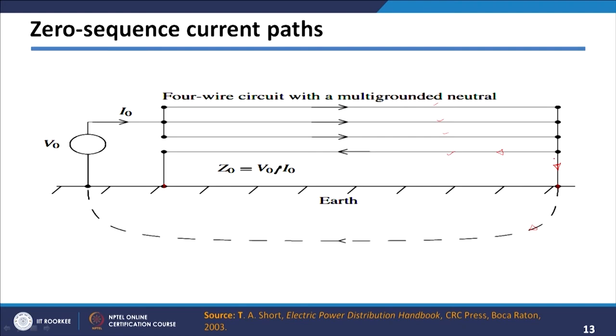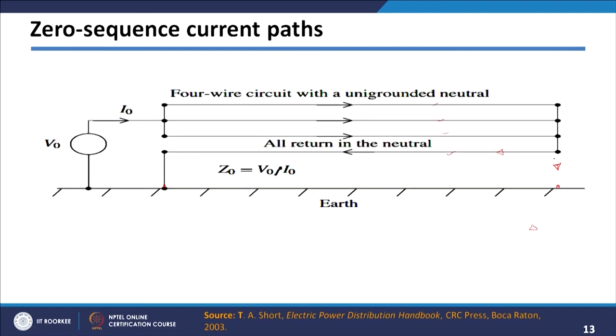In another case, there is a possibility that multiple grounding is not there, only single grounding is there. So, in that case, the whole unbalanced current will actually flow only through the neutral, because we are not grounding the system at this place.